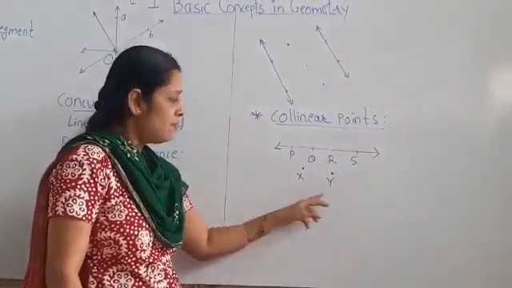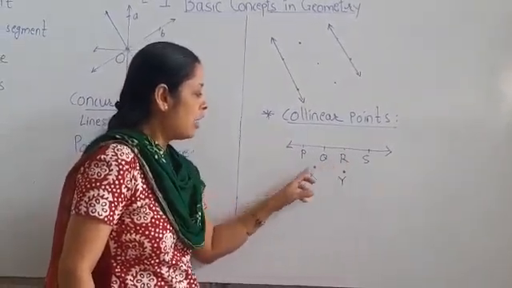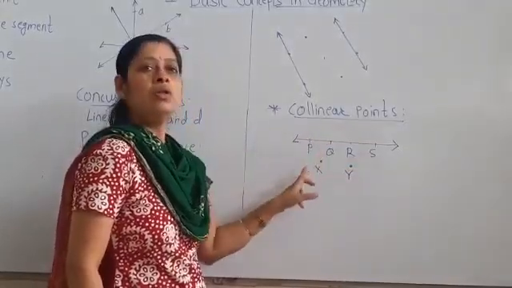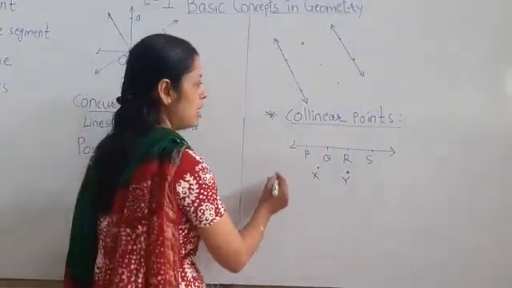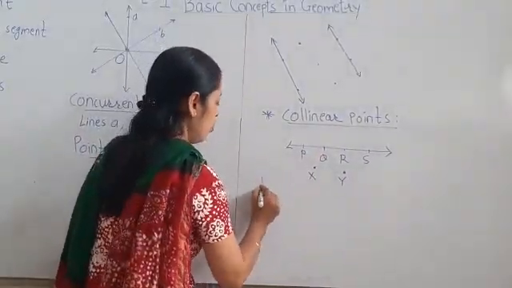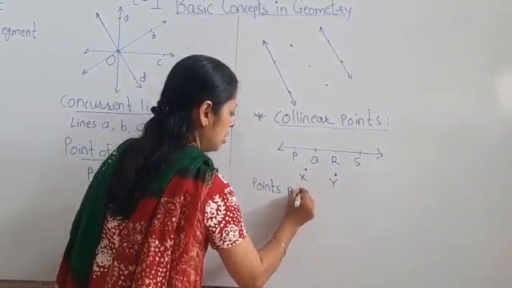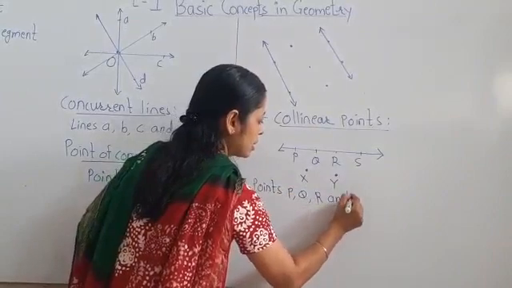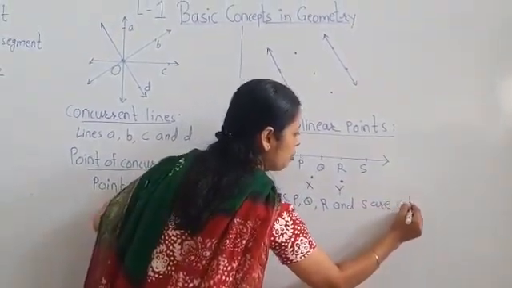But if we choose point P, point Q, point R and points X and Y, these all points are non-collinear points. So here it is written as points P, Q, R and S are collinear points.